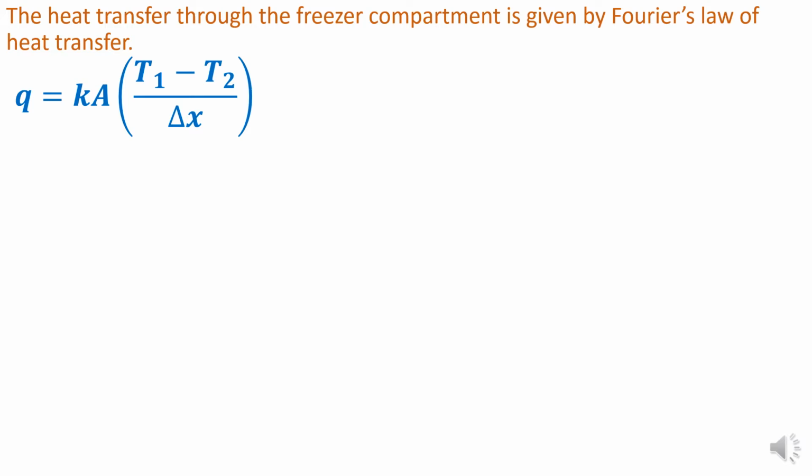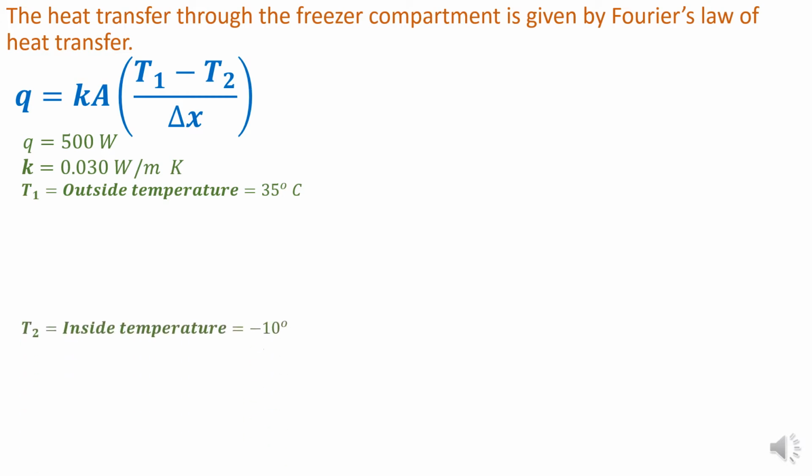In our problem statement, heat loss Q is equal to 500 watt. Thermal conductivity of styrofoam is given, which is 0.030 watt per meter Kelvin. T1 is the outside temperature and it is 35 degrees centigrade. T2 is the inside temperature of the freezer compartment and it is -10 degrees centigrade.